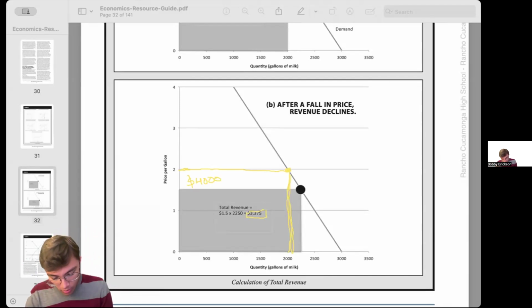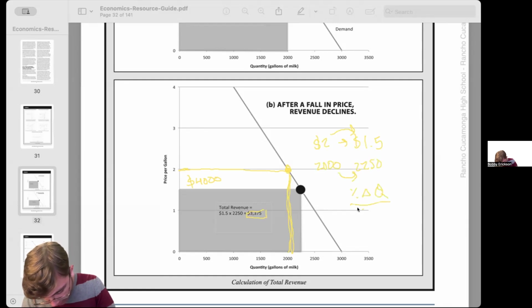And so we can also calculate this by literally doing the math here and seeing that, okay, a change from $2 to $1.50, and then we know the quantity has changed from 2,000 to 2,250. So we know this is a decrease and this is an increase. And we know it's going to be the percent change in quantity divided by the percent change in price.